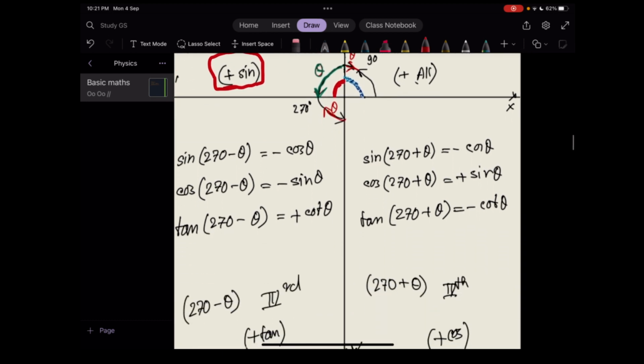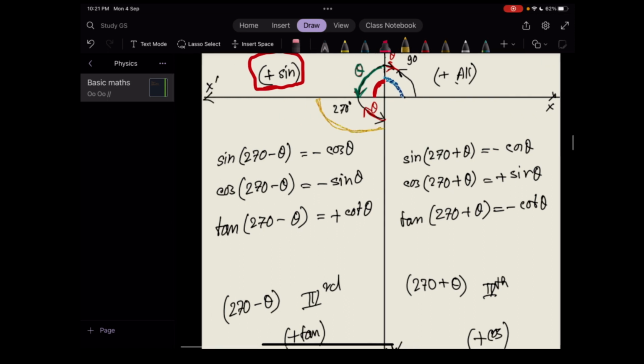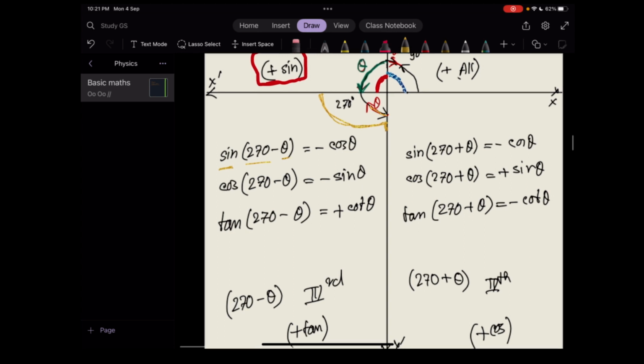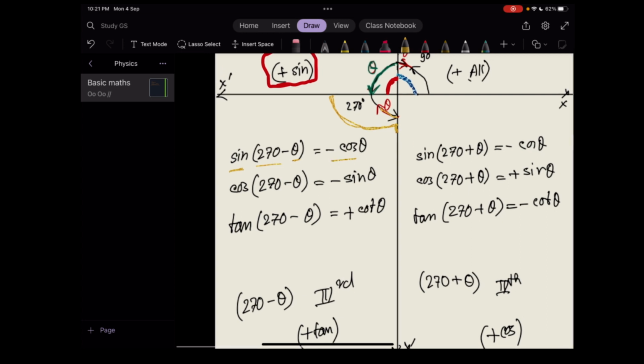Similarly, now in the third quadrant, what we are getting is sine 270 minus theta, so we get minus cos theta. Why?